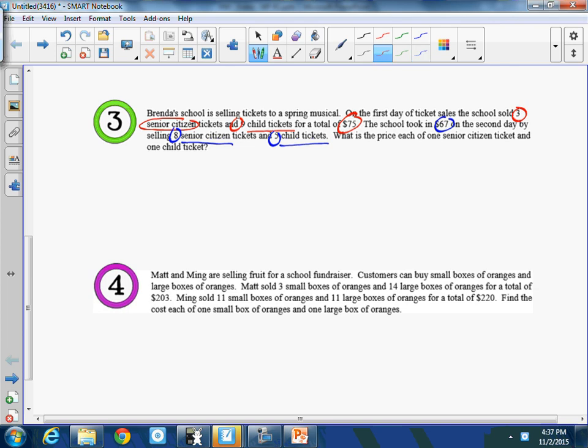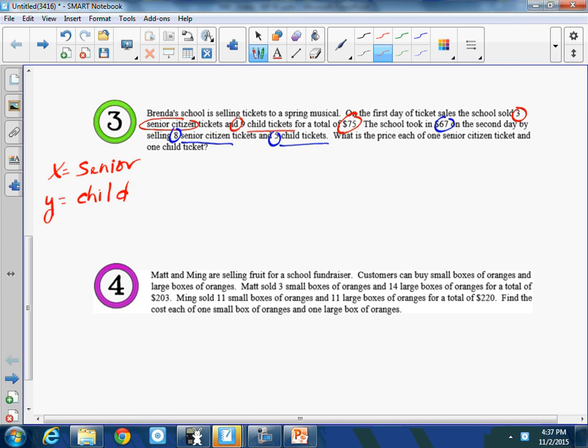Okay, so I'm going to go ahead and define my variables. I'm going to say that x equals senior and that y equals child tickets. I'm going to do the first day.